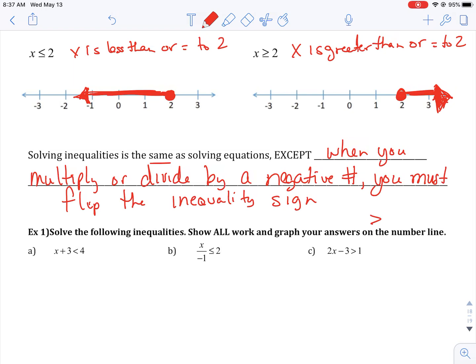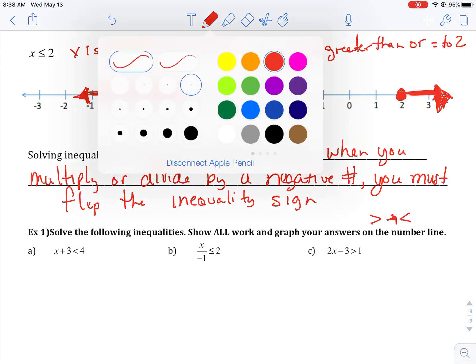So that means if it started as a greater than, you're going to flip it, and now it's going to become less than. So if you multiply or divide by a negative, not if you add or subtract, just if you multiply or divide.